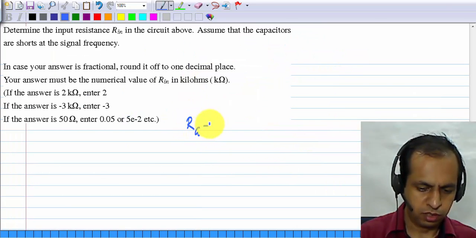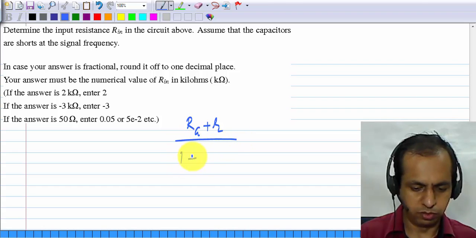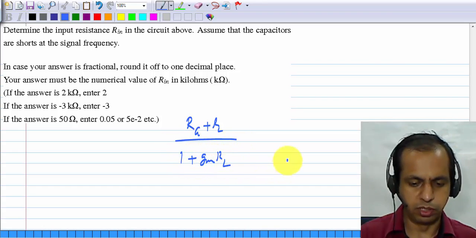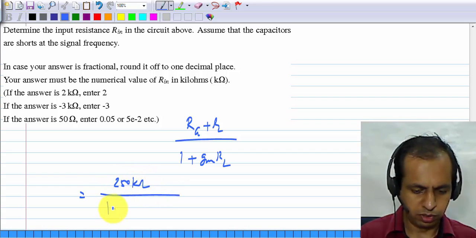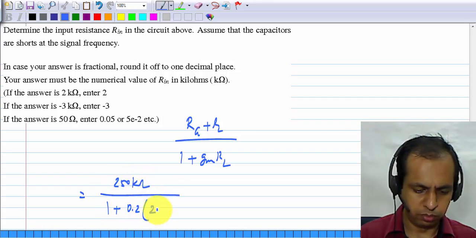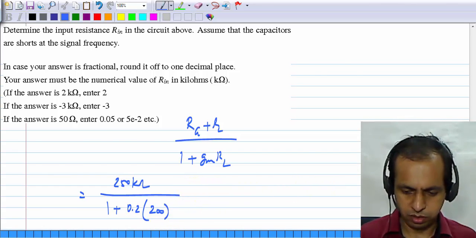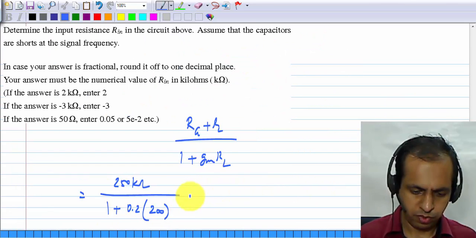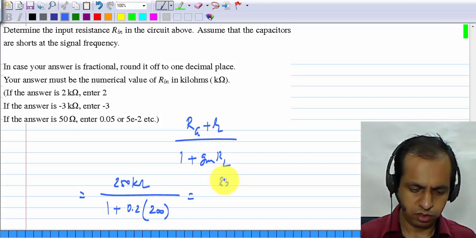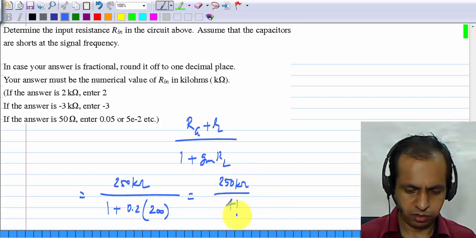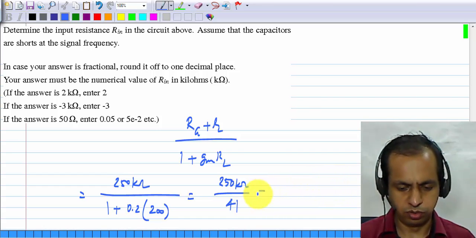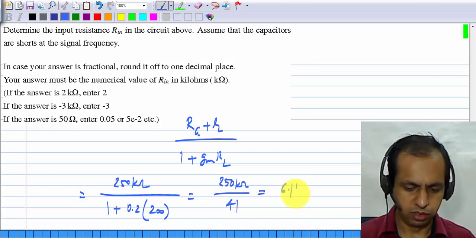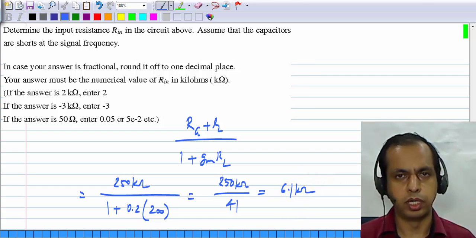It is (Rg plus RL) by (1 plus Gm RL), which is 250 kilo ohm by (1 plus 0.2 times 200), because RL is 200 kilo ohms. That is 250 kilo ohms by 41, which works out to about 6.1 kilo ohms.